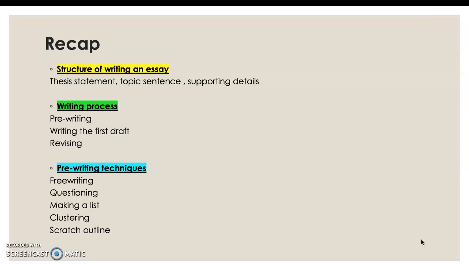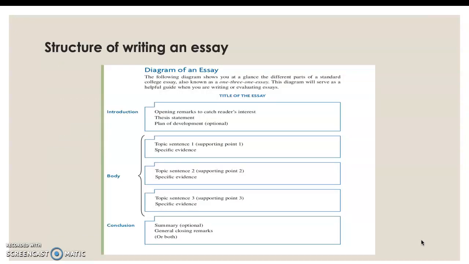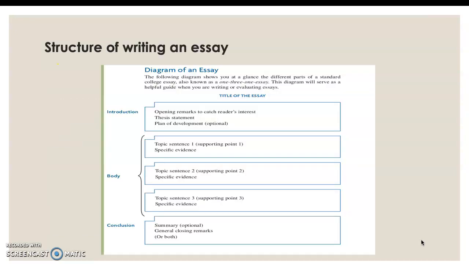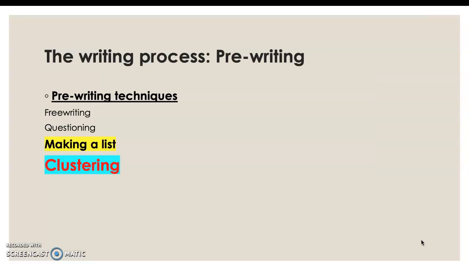I gave you a topic, and I asked you to do a diagram to develop the points that you would like to use for that particular topic, and then I asked you to prepare a scratch outline or an outline that consists of a thesis statement, topic sentences, and supporting details.